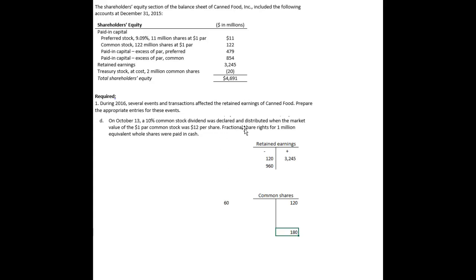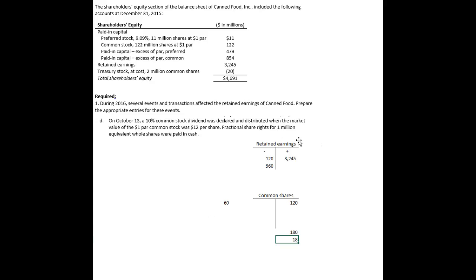So this is what this portion of the problem is telling us, is that fractional share rights for 1 million equivalent whole shares were paid in cash. Okay, so let's just dissect this a little bit. We had 180 million shares that we started with before we issued a 10% stock dividend. So if you take 10% of that, that means there are 18 million new shares that are going to be issued, which is true.